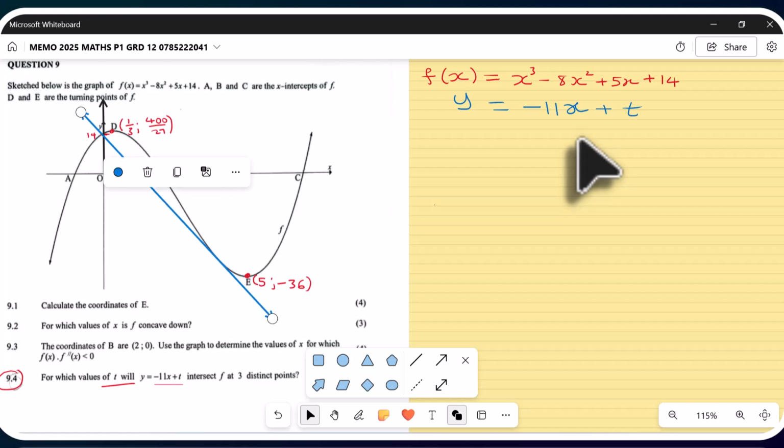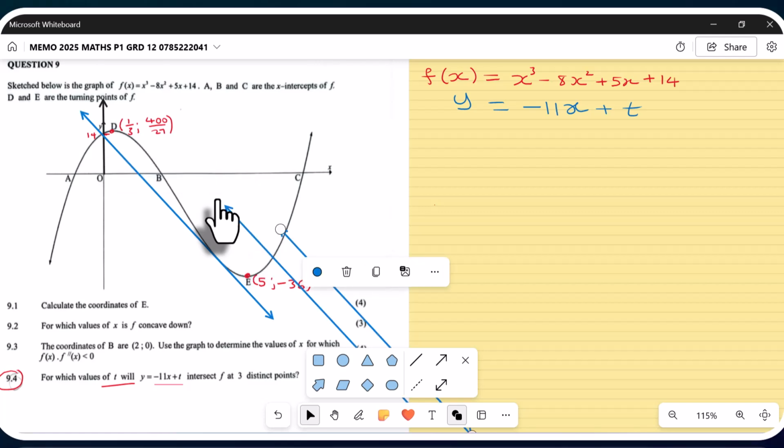However, if I continue moving this same line upwards, you can see it's touching at 3 points. There's this point here, touching at E, then somewhere here, and somewhere here.